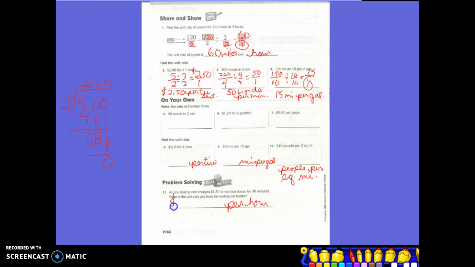And it needs a dollar sign, and this one will need a dollar sign. Well, actually, that one won't need a dollar sign because all you're doing is writing the rate in fraction form. So all you're doing is putting it into a form like that on 5, 6, and 7.